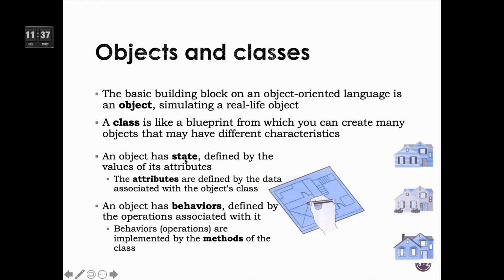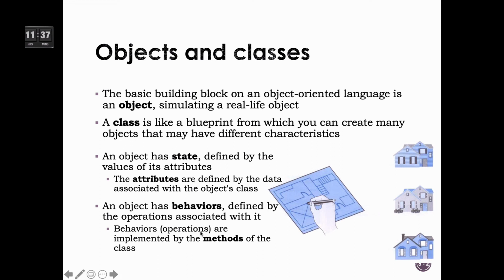State is the collection of variables or attributes that describe the house. So it could be the height of the house, it could be the color of the shingles in the front, it could be the size of the door and things like that. And then the behaviors would be things that apply on the state and change it.